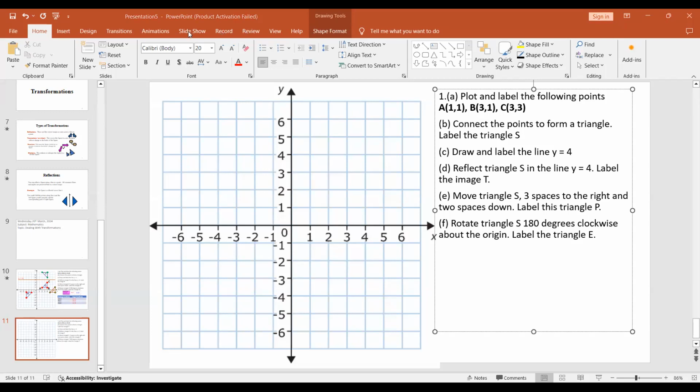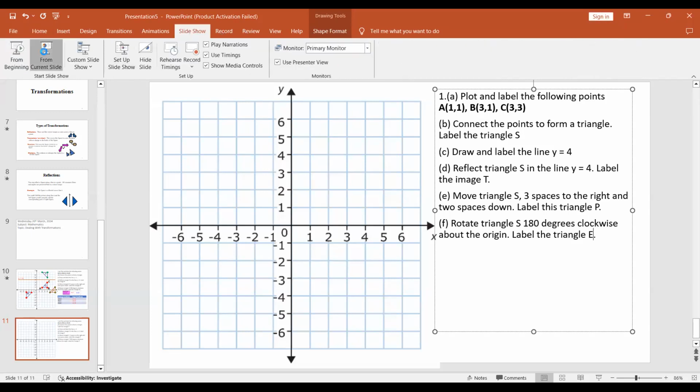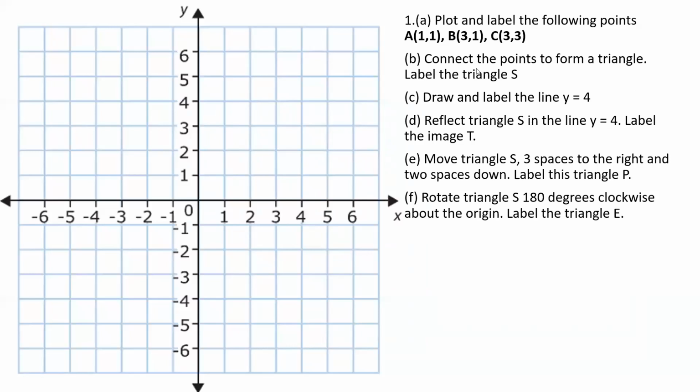So the first thing we're gonna do, this is a great exercise, by the way. I need you to first of all plot and label the following points: 1, 1, then 3, 1, then 3, 3. Then connect the points to form a triangle, then label that triangle S. Then draw and label the line Y is equal to 4. We should know where that is.